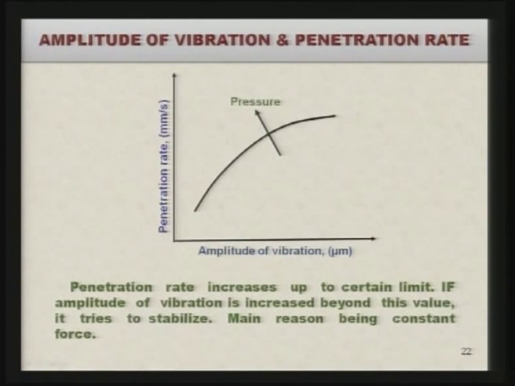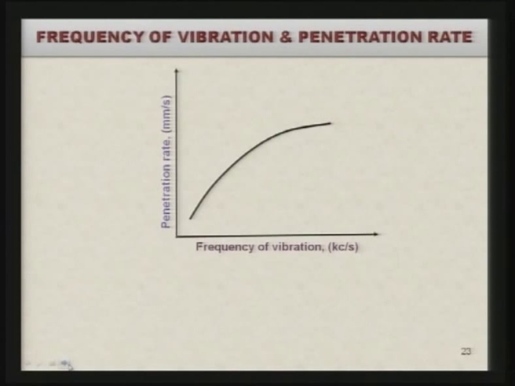So, the penetration rate increases up to a certain limit. If the amplitude of vibration is increased beyond this value, it tries to stabilize, as you can see beyond this point. The main reason is that the force remains constant, the force remains the same. So, it tries to stabilize beyond a certain value of amplitude of vibration.